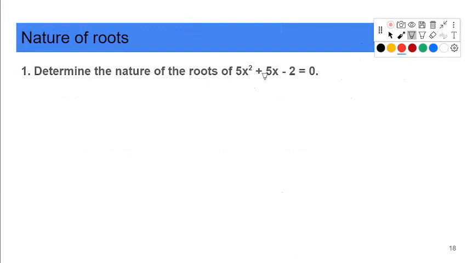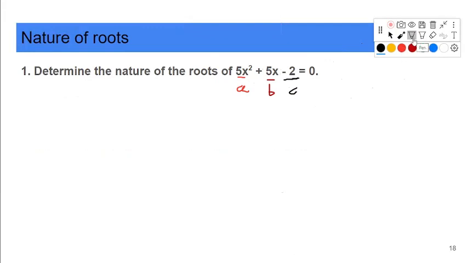Remember, to find the nature of the roots, you need to identify what's A, what's B, and what's C. So this would be A, this is B, and this is C. Well, minus 2 is C. And from there, you can just work out the discriminant.